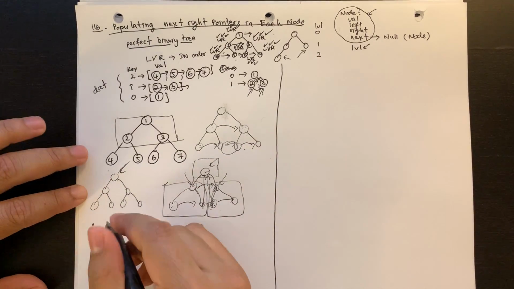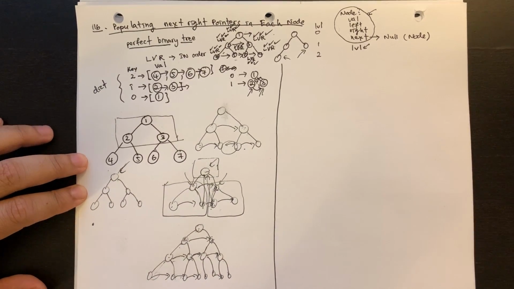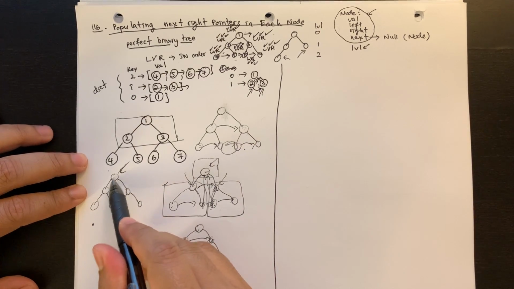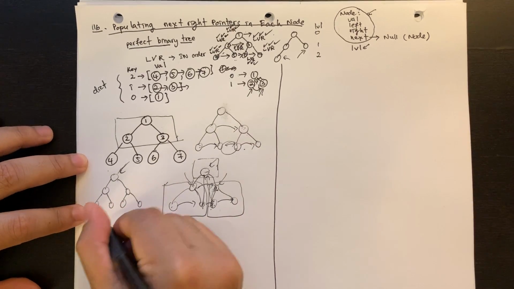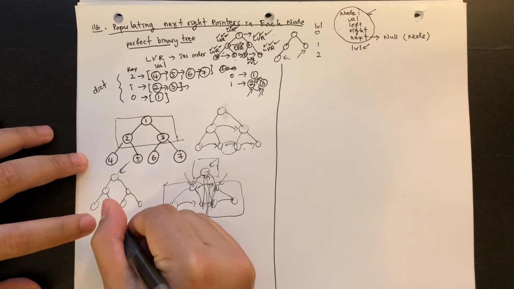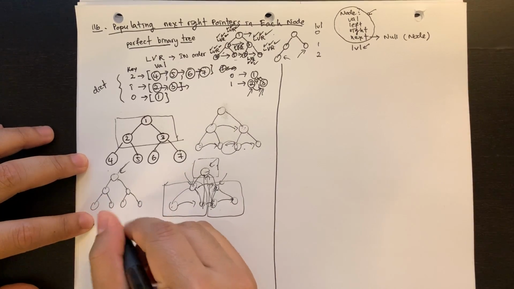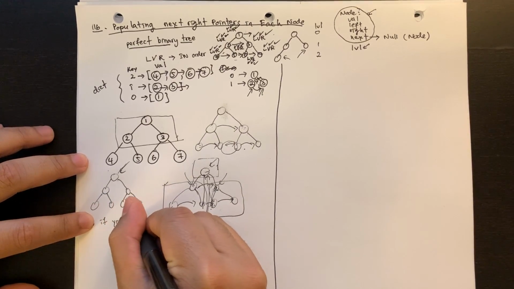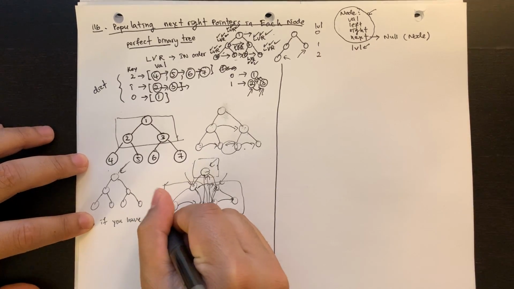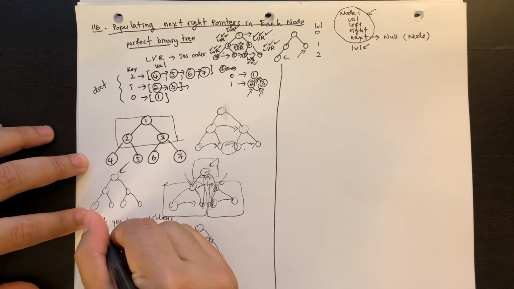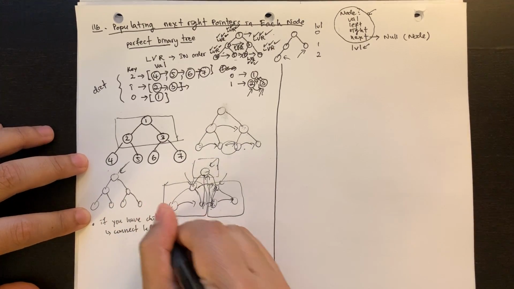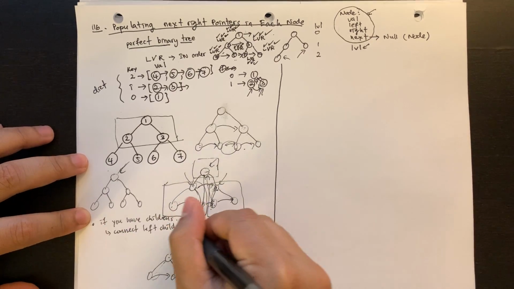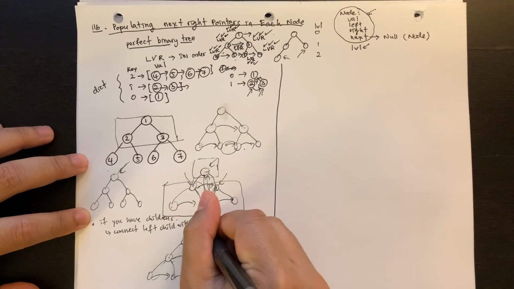Since it's a perfect binary tree, you have either 2 children or 0 children. So this guy has 2 children, this guy has 2 children, this guy has 0 children. So if you have children, connect the left child with the right child.